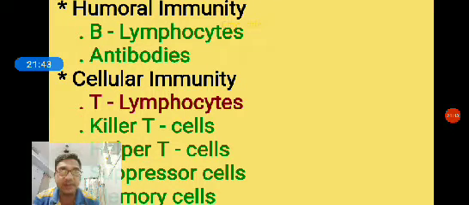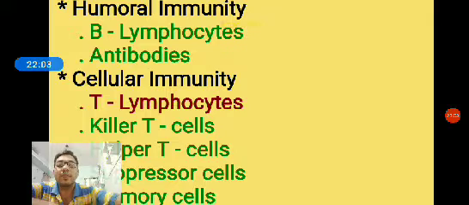We already studied that. Then, the two types of immunity. One is humoral immunity, also called antibody mediated immunity, which is the role of B lymphocytes.